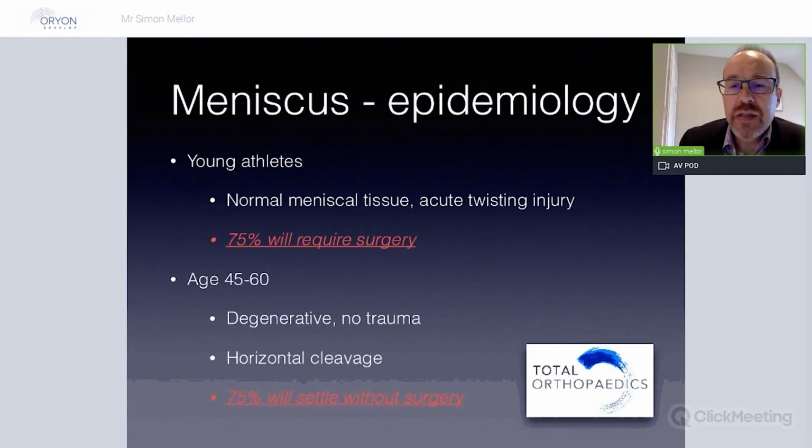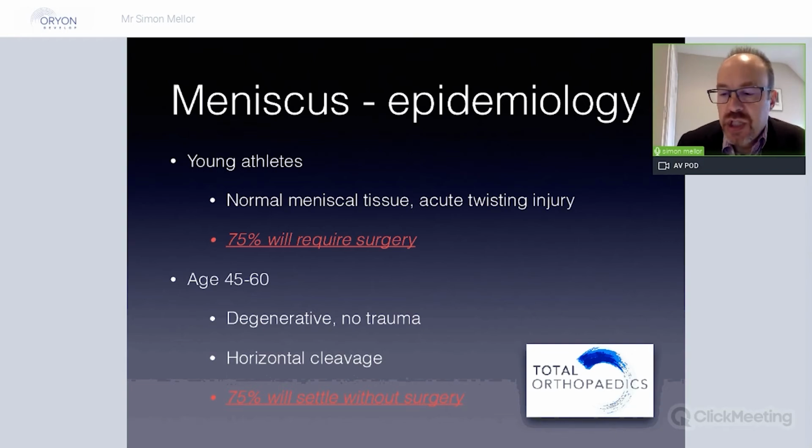Now, the easiest thing to remember from this talk, and probably the most worthwhile thing to remember, is how age has a significant impact in terms of potential management of meniscal tears. In basic terms, about 3/4 of young people with a torn cartilage are going to need to have surgery in order to resolve their problem, whereas 3/4 of people above the age of about 45 who have a torn cartilage do not need surgery.